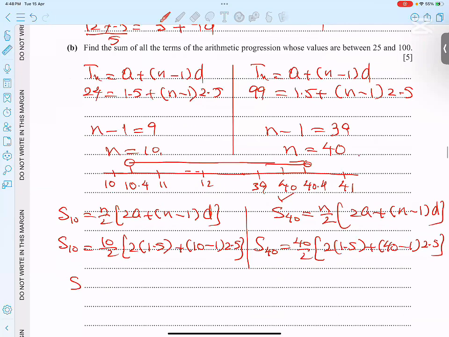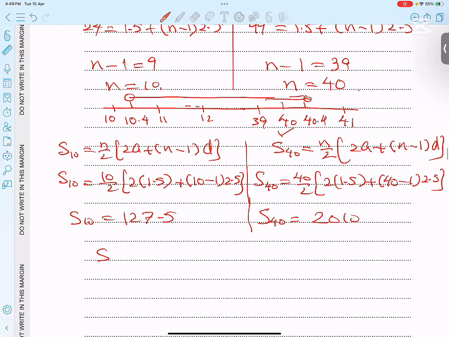If I find S10, we are getting 5 into (3 plus 9 times 2.5), and we are getting here, wait a minute, 127.5. And what is S40? 20 times (3 plus 39 times 2.5), and it turns out to be 2010.